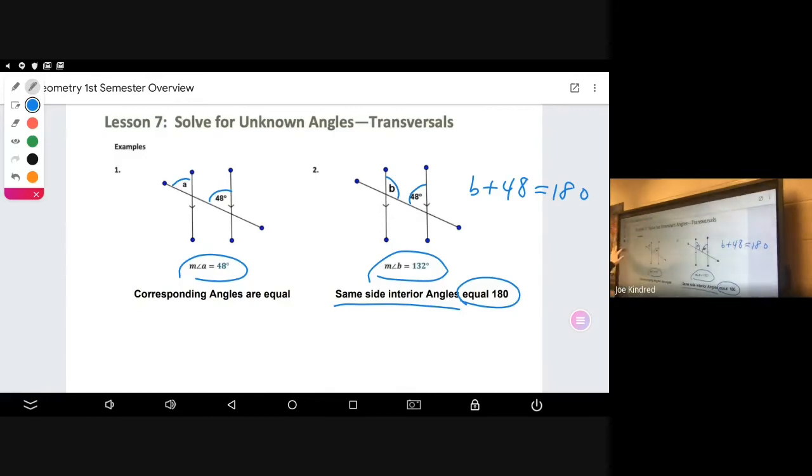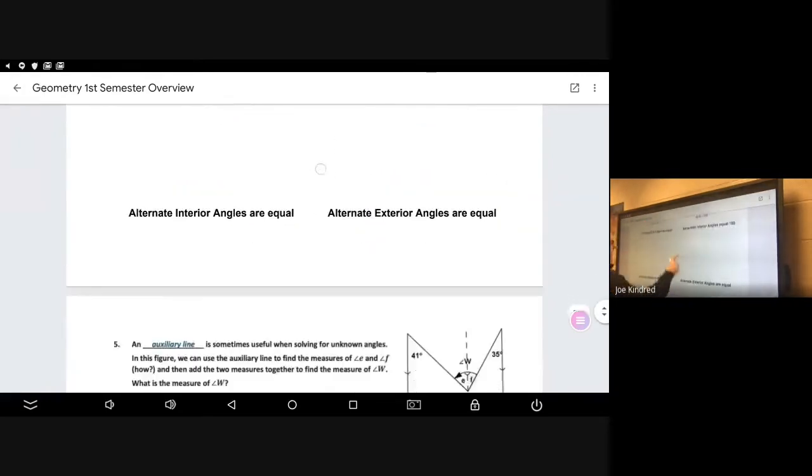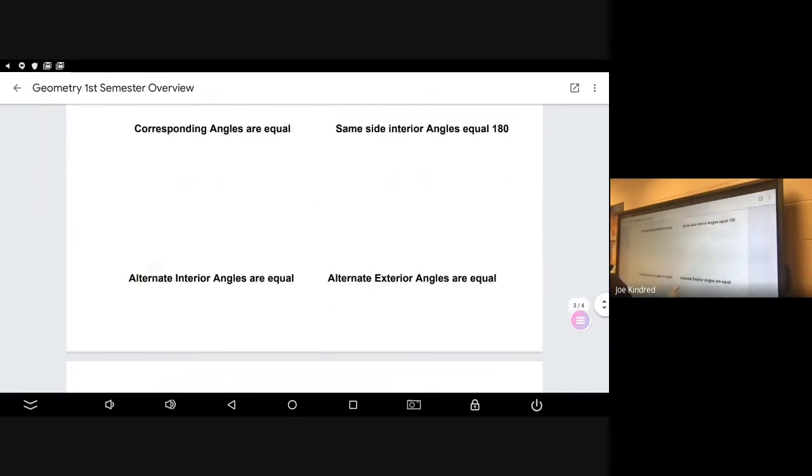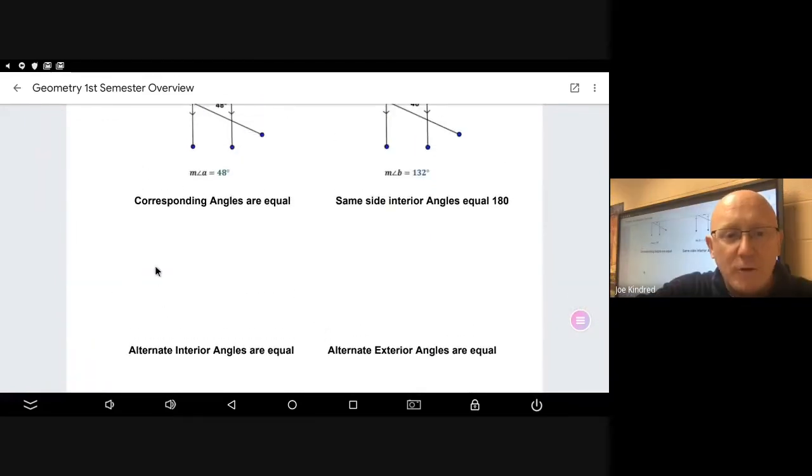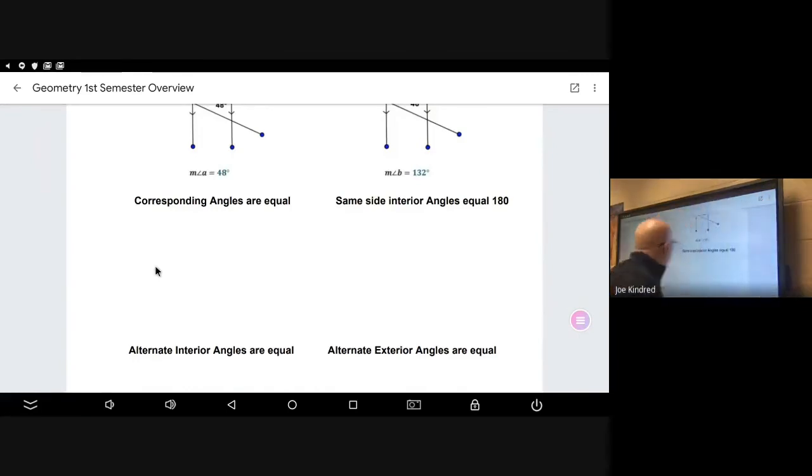Other angle relationships that we learn. Alternate interior angles. The diagram is not showing up, so I'm going to have to add that.